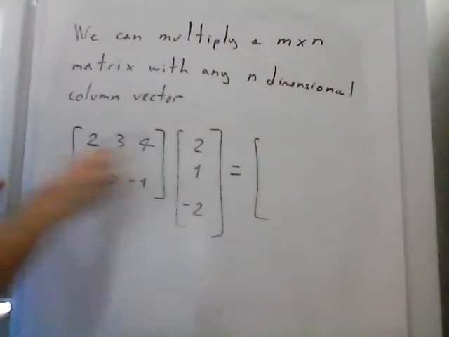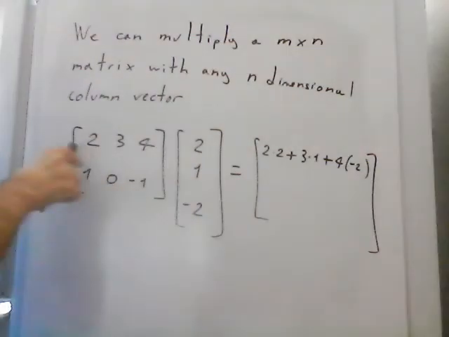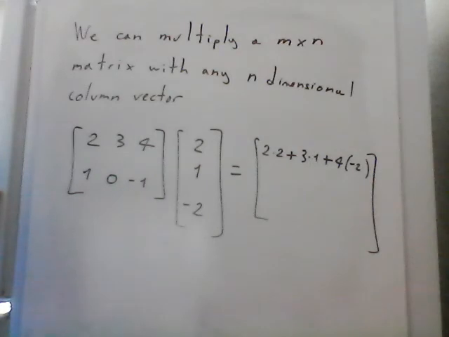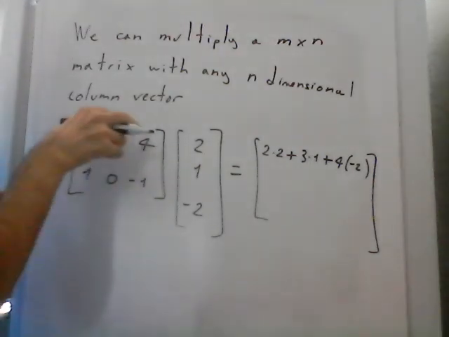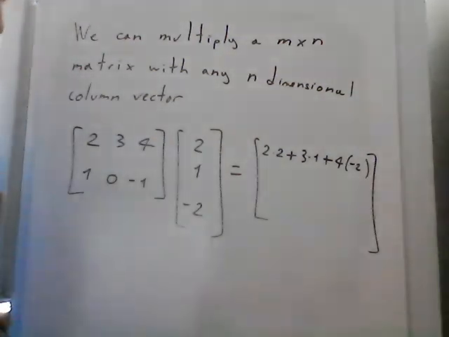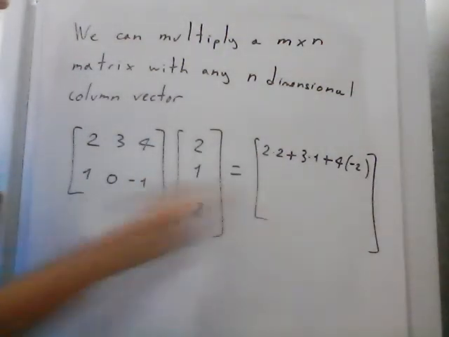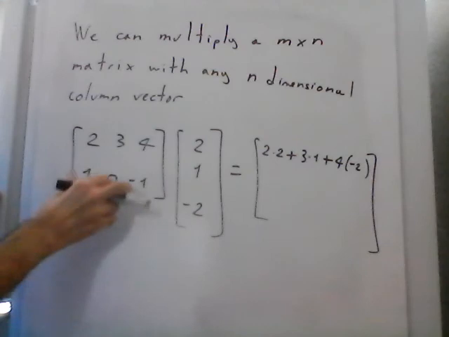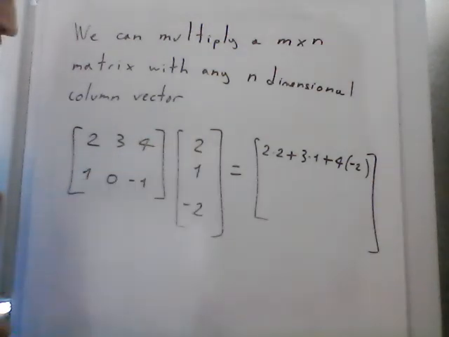So we have 2 times 2 plus 3 times 1 plus 4 times negative 2, and this is the first component of the resulting vector that is obtained by multiplying the first row and the column vector. The second component is going to be the second row times the vector.